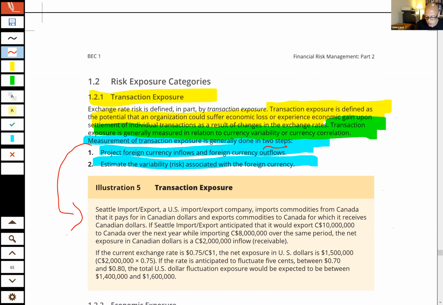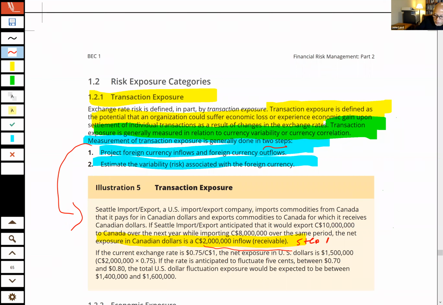If Seattle Imports anticipated that it would export 10 million Canadian dollars to Canada over the next year, while importing 8 million over the same period, the net exposure in Canadian dollars is what? It is 2 million. That's the inflow, because it's a receivable, since we are exporting 10 and importing 8. So that is step 1: what is the net exposure?